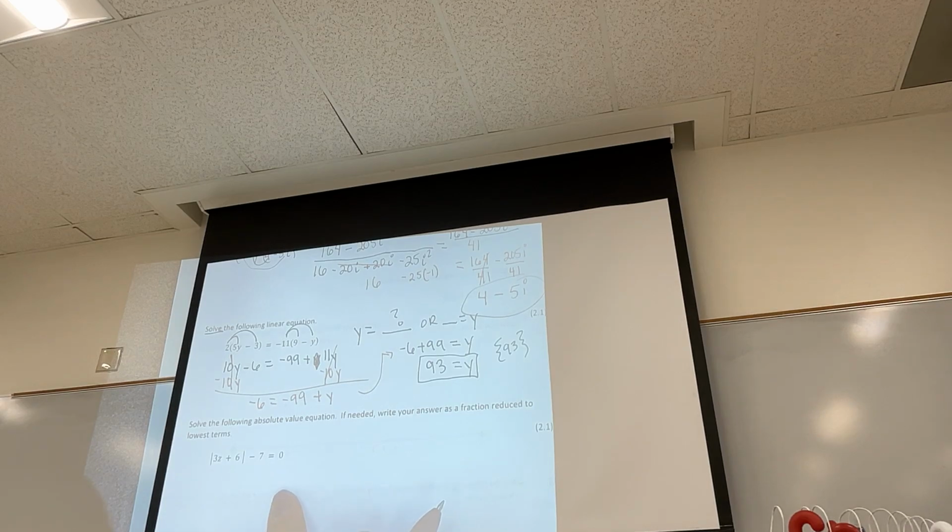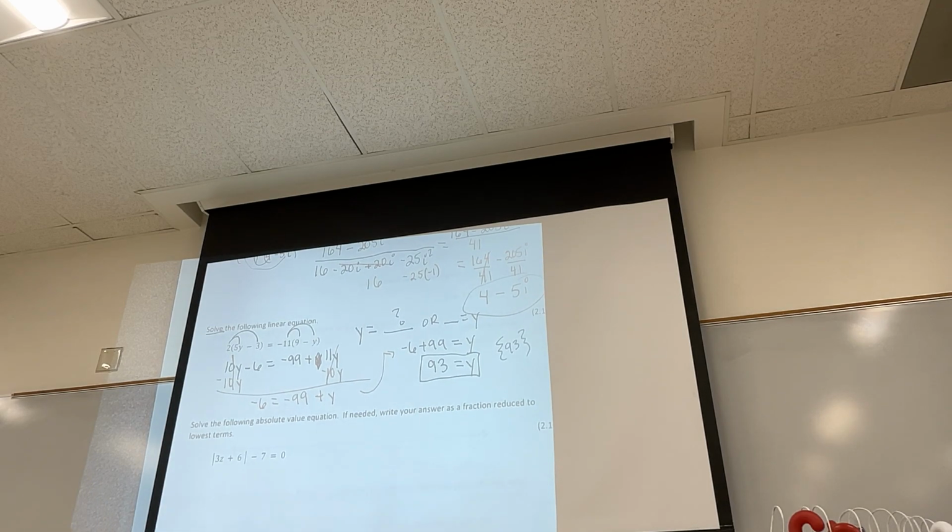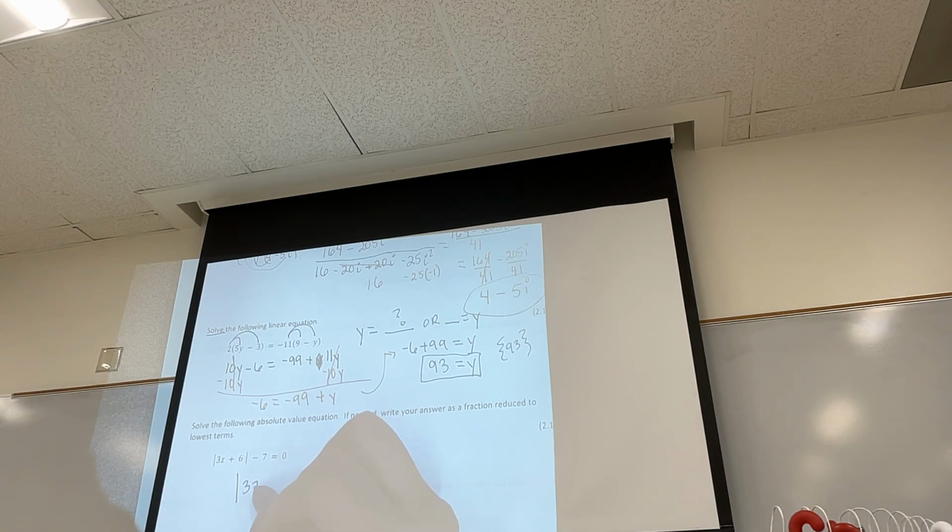And is the absolute isolated? Is it by itself? No. So we need to move that 7 over. Absolute 3z plus 6, if I move the 7 over, it becomes a positive. Now the absolute is isolated. It equals what kind of value? So that means we solve it twice.